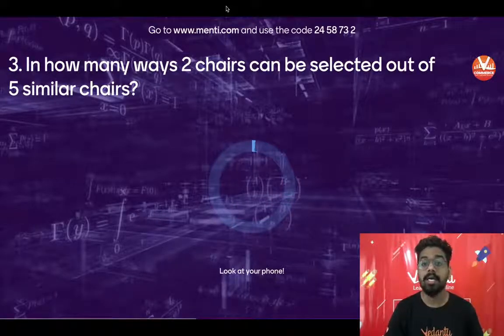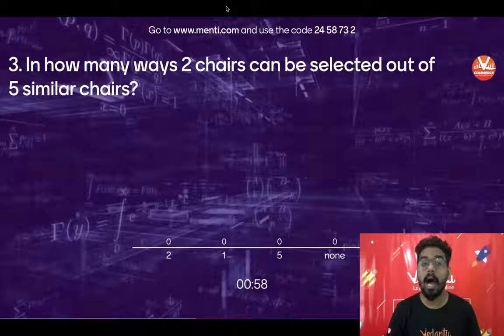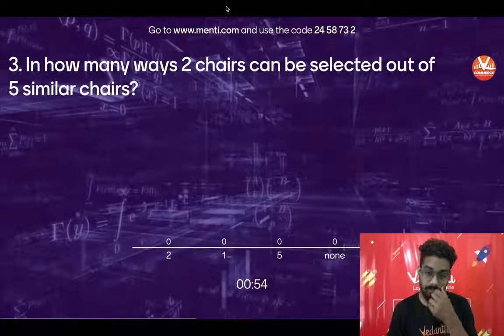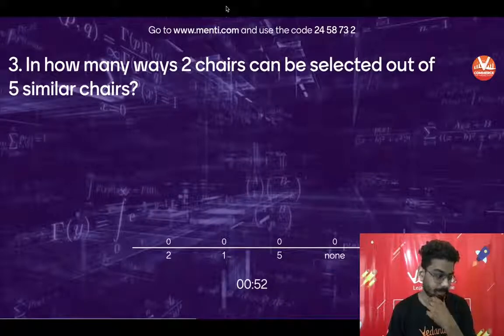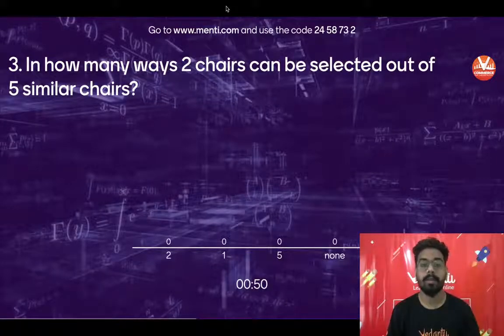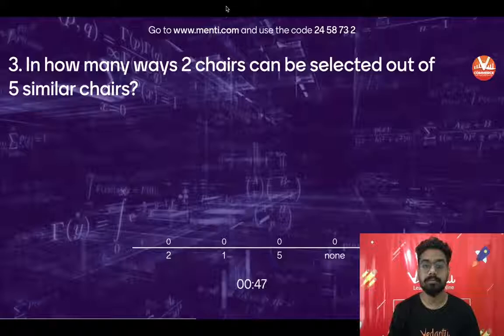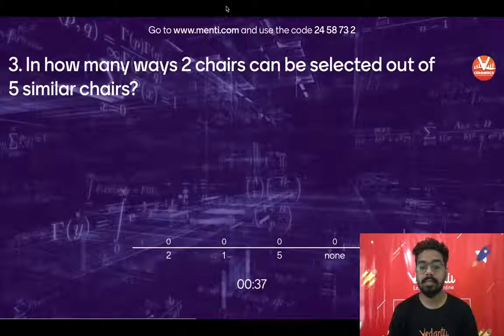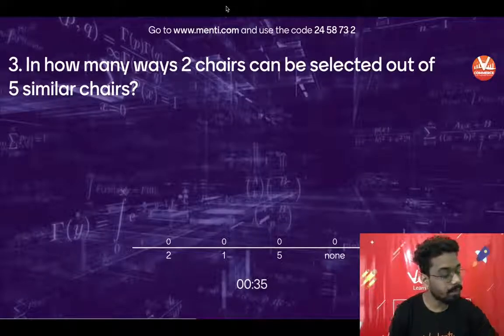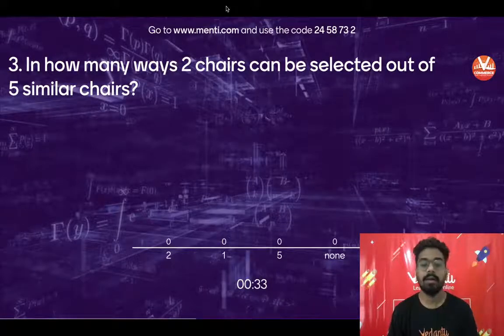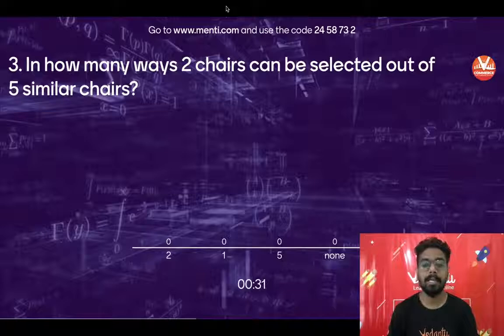How many ways 2 chairs can be selected out of 5 similar chairs? Last 45 seconds. Last 40 seconds. 8 people has answered.